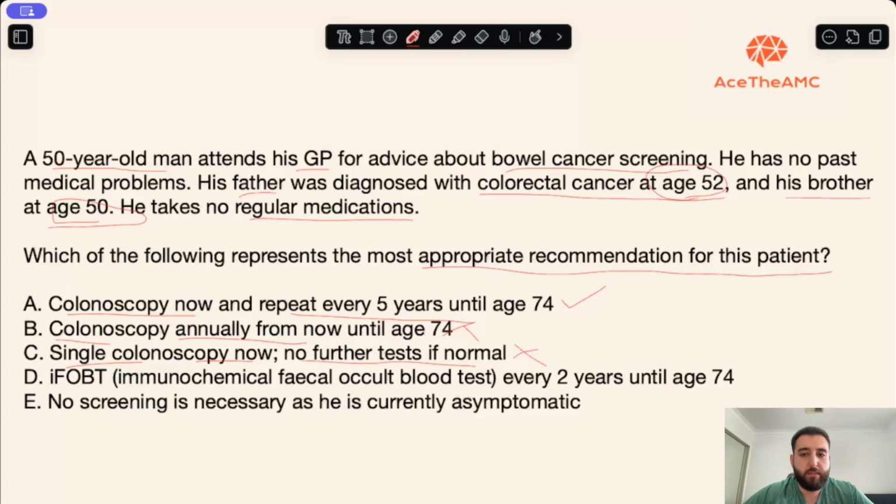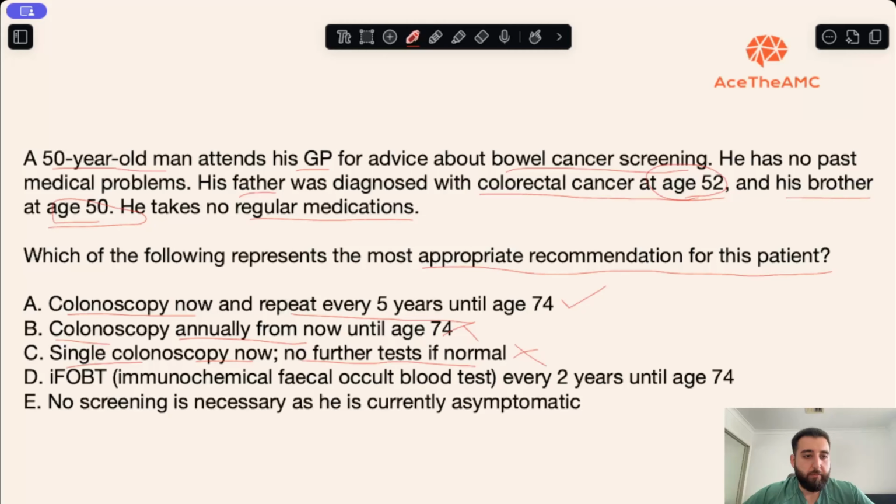This would be in an instance where someone with average risk is having a diagnostic colonoscopy for a reason other than colorectal cancer and they have no ongoing risk factors, or in the instance where a person's life expectancy is short and further screening won't change the outcomes. But in terms of this stem, our patient's got a very strong family history. Screening once is not sufficient.